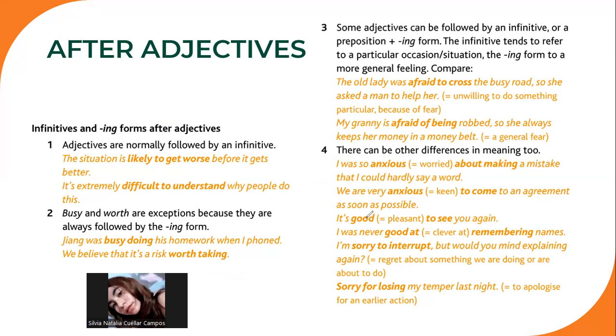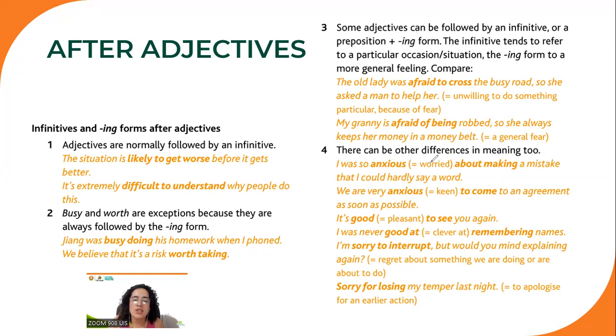So that's why I asked about. Okay, so this is like the general rule. With to is for something specific. With ing is something more general. But these ones are exceptions because the meanings change, okay?